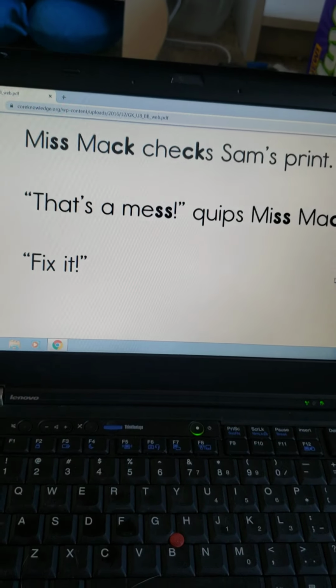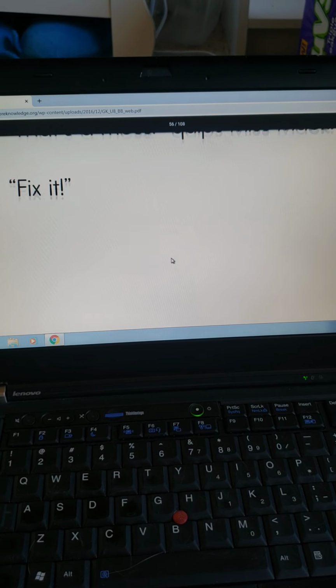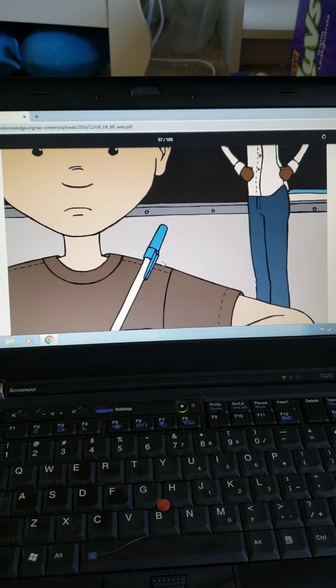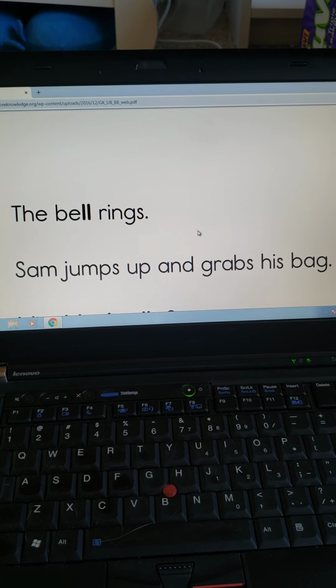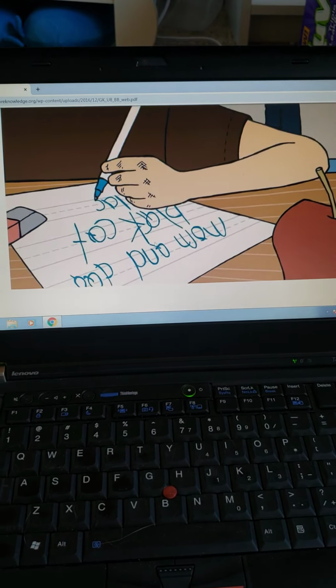Fix it. Ooh, so did the teacher like Sam's handwriting? No, she thought it was messy. She told him to fix it. So there's the teacher, there's Sam. And you see how he wrote? And it's real big and it's sloppy and all over the place. Yeah, a lot of you write so well. So I'm glad I don't see any of this on your papers. You guys all write really good.